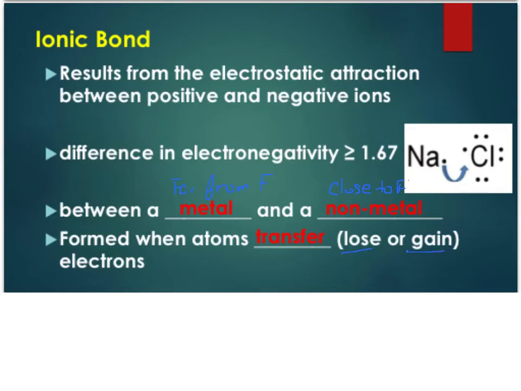The atom is going to lose or gain electrons. For there to be an attraction between ions, we have to form these ions. Our metals will lose an electron and our non-metals will gain an electron. So in this case, sodium loses an electron and chlorine gains that electron. So sodium now forms an ion and chlorine now forms the chloride ion, and they form a bond between these two elements.